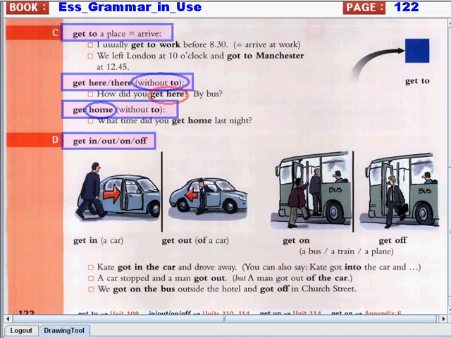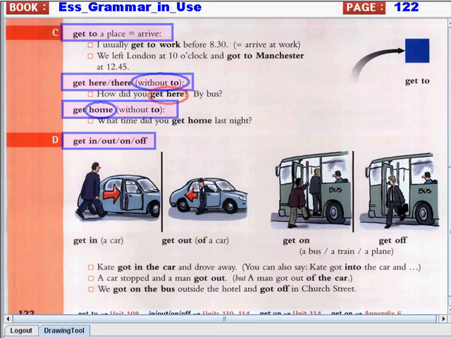It is very important to discuss because most non-native speakers are having a hard time to distinguish when they are going to use the words in, out, on, and off together with the word get. Now, let's see.